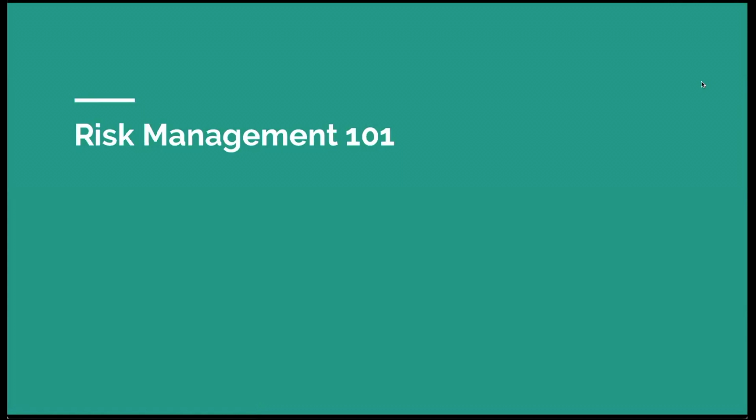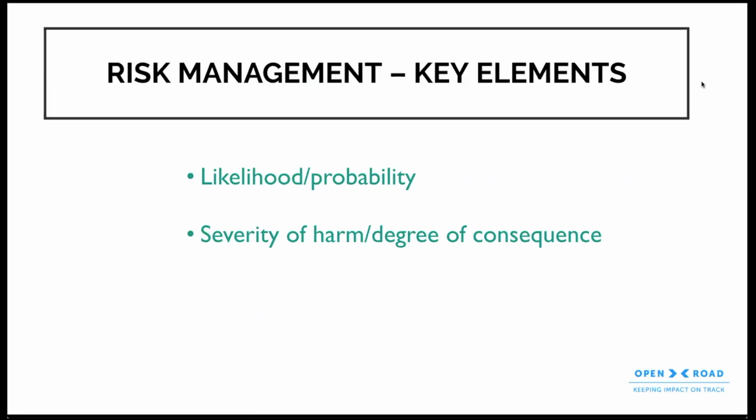So, risk management 101. There are a couple other elements to cover that will hopefully provide more of a framework for what Zach is going to demo in the AMP Impact module. We just talked about this a bit. These are the two critical elements around risk management: the interplay between likelihood and severity of harm.